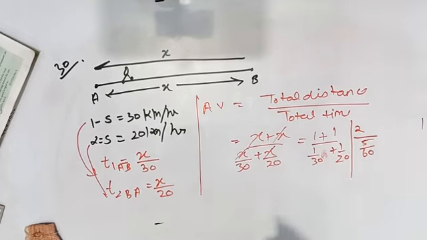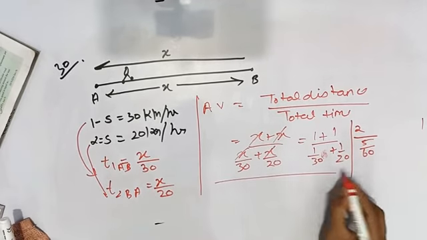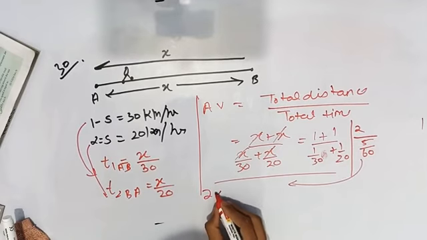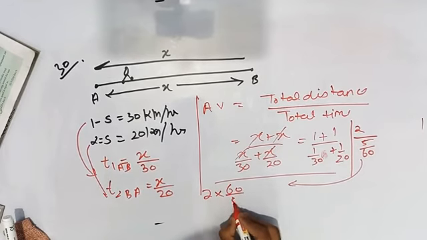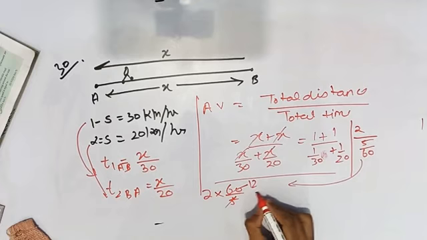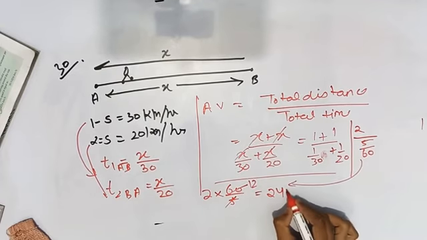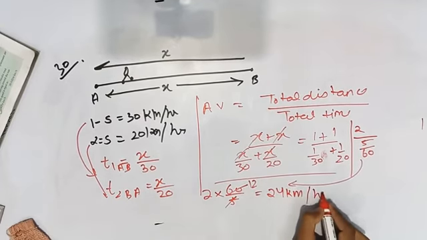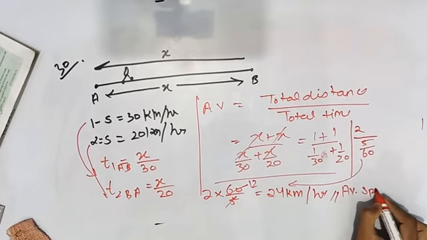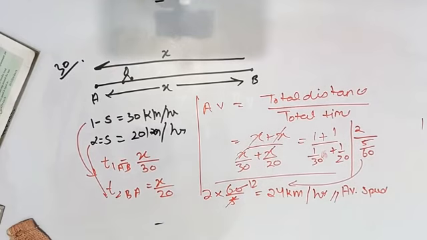Now we do 2 multiplied by 60 upon 5, because when we divide, it gets reversed. The answer we get is 24 km per hour. This is the average speed of the motorcyclist. So our answer to question number 30 is 24 km per hour.